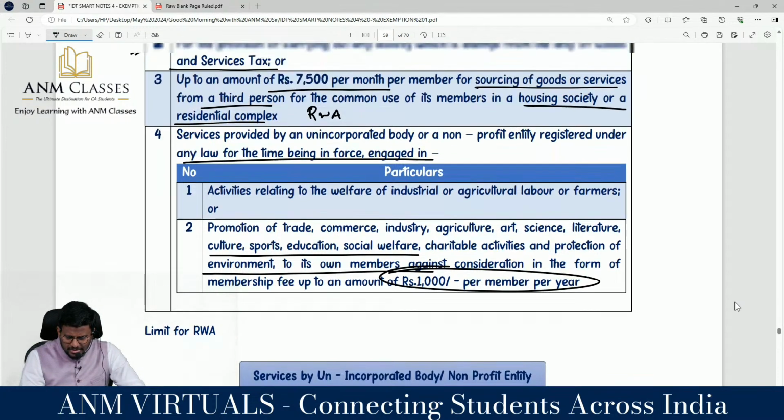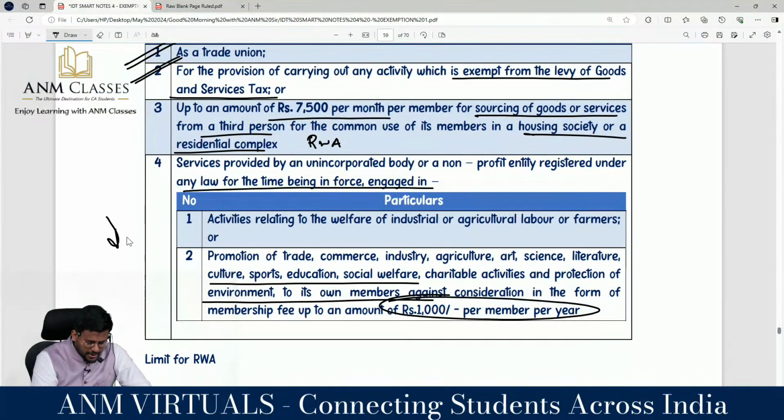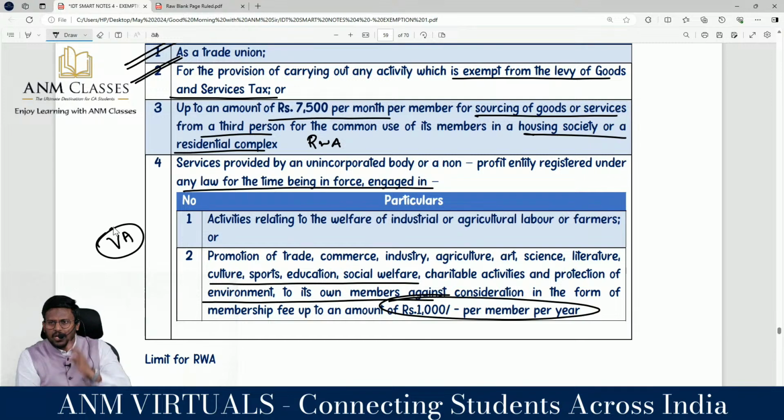I will call this various associations, my dear lovable students. You have to check whether it is 1,000 per member per year, which is exempt from GST. If the membership fee is more than 1,000 per member per year, then it is taxable.